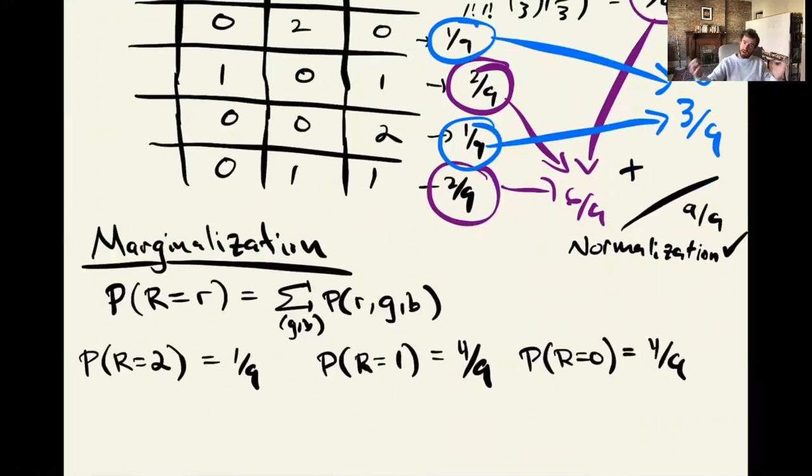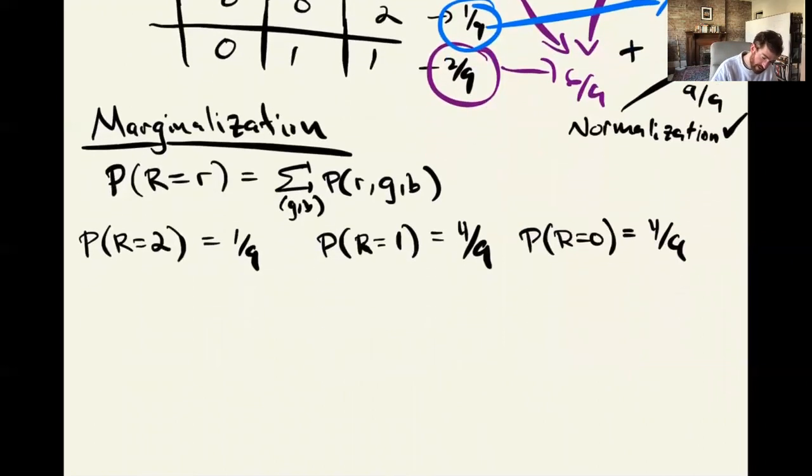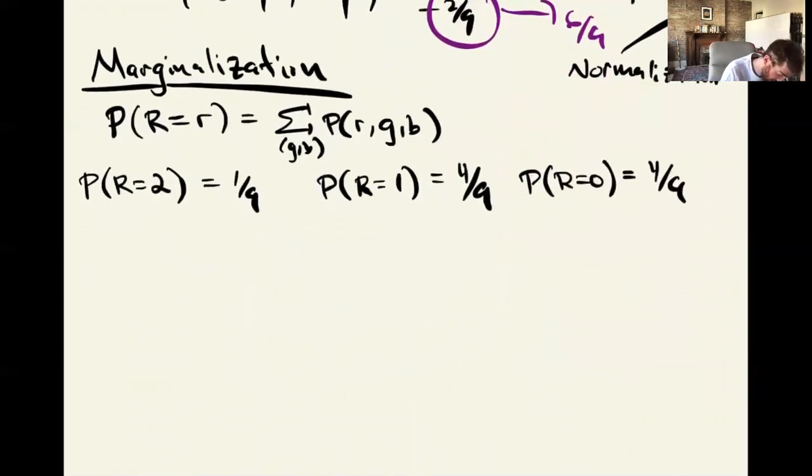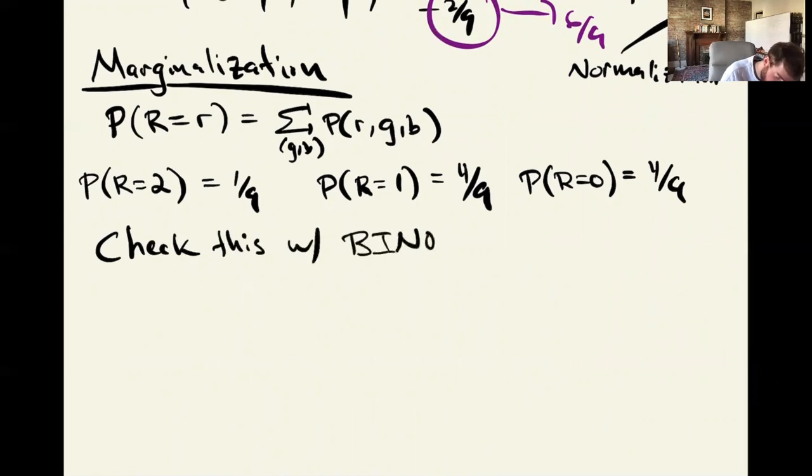So now the question is, could I have gotten this answer a different way? So if all I care about is counting the number of red balls drawn from an urn, where there's lots of different colors in there, and the draws are made with replacement, so each draw is independent, you could probably see that we can also check this answer with the binomial distribution.